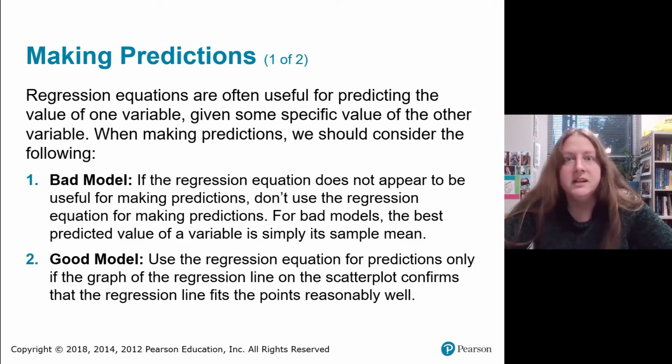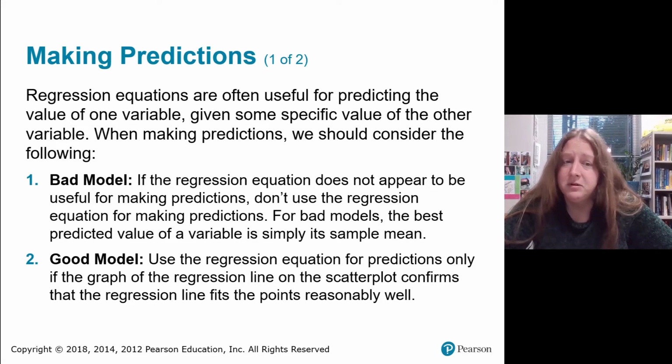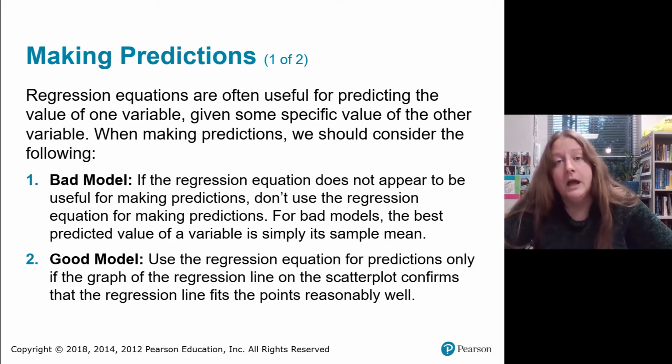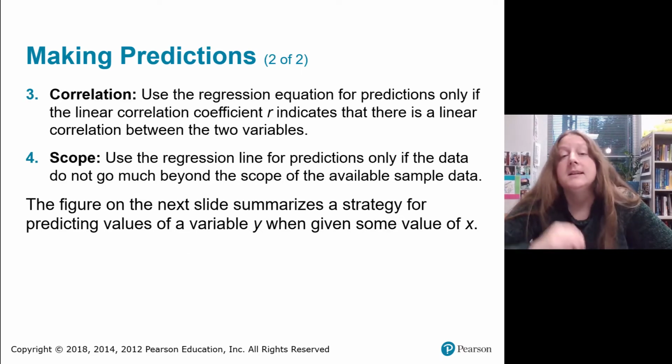If it doesn't, then it's a bad model. Also, if the context of the problem just doesn't make sense to be making predictions with this thing, don't. This is really a common sense check here. So if it looks bad, feels bad, don't use it. If it seems all right, use it. Develop that gut feeling.